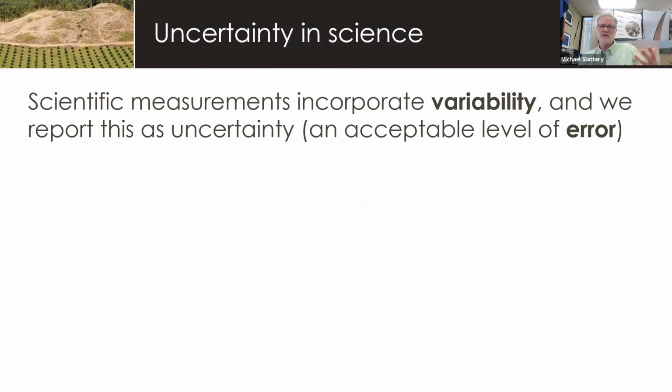Things are variable, guys. We know that. I work in a lot of different areas. I work in water quality. I measure stream discharges. Every variable we measure has some degree of variability, and we report that uncertainty as some sort of acceptable level of error.